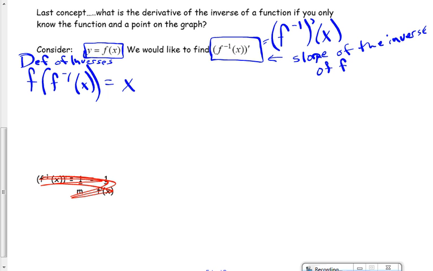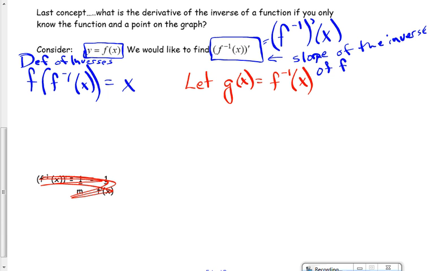Okay? Now, for this problem, I'm going to let g of x replace f inverse of x. I'm just going to rename f inverse because the notation is cleaner if I get rid of the fact that we're dealing with an inverse. Because we don't know how to find the derivative of an inverse, but we do know how to symbolically find the derivative of g. It's not as hard as you think.